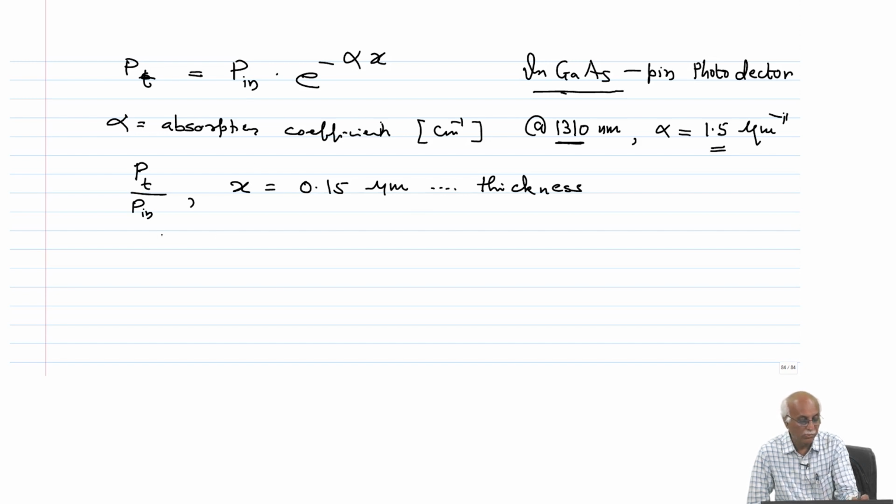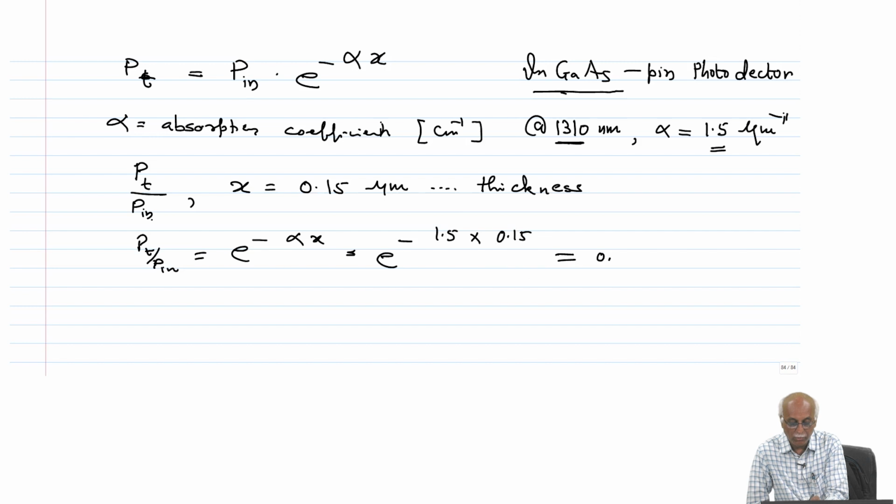So, we can estimate Pt by Pin, which is equal to exponent of minus alpha into x, exponent of minus 1.5 micrometer inverse into thickness 0.15 micrometer. So, this will be 0.8. That means 20% of the photons will get absorbed when they travel through this PIN photodetector whose intrinsic layer thickness is 0.15 micrometer.